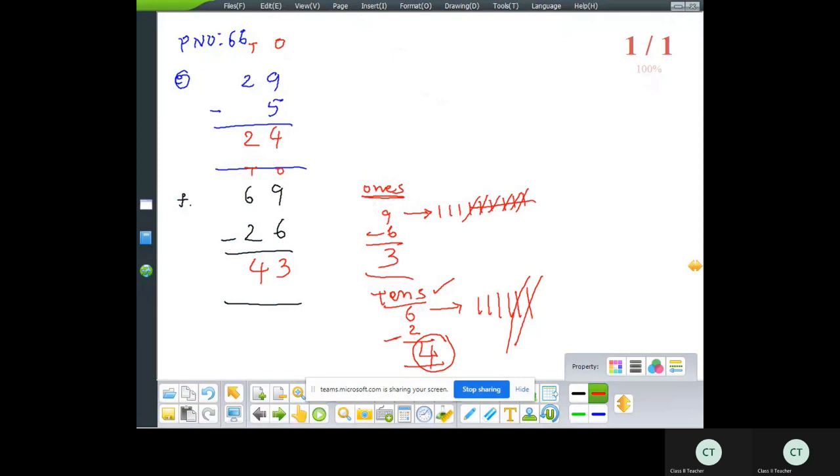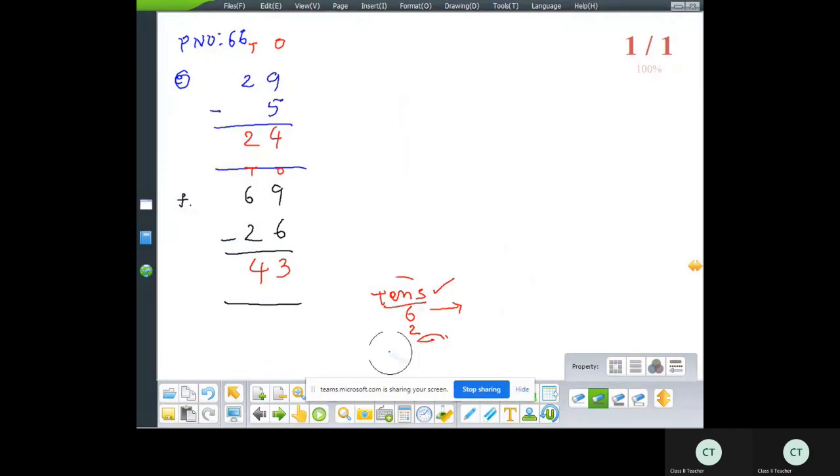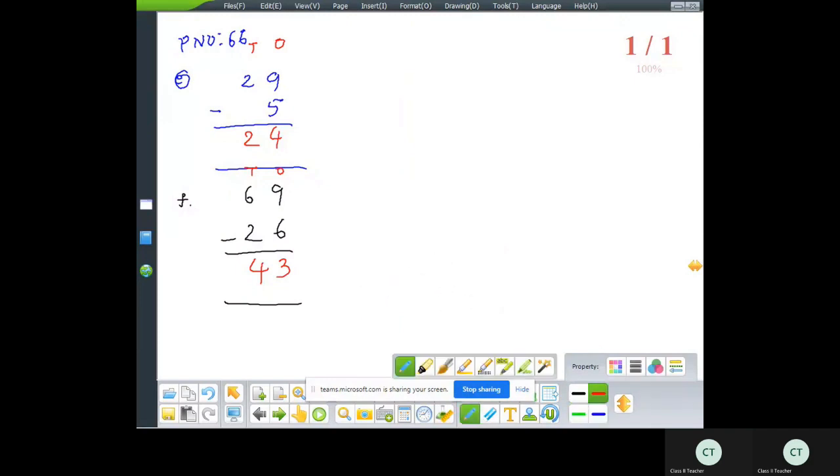Now question G. 74 minus 34. It means 34 subtracting from 74.